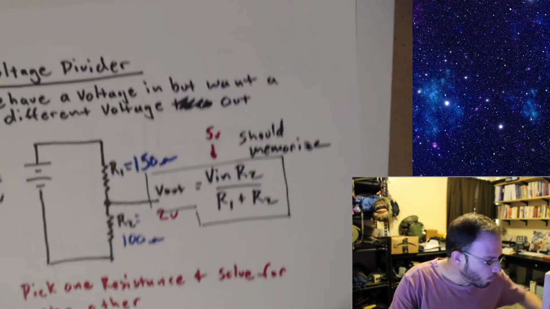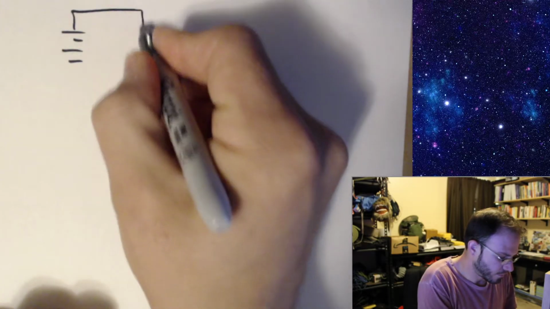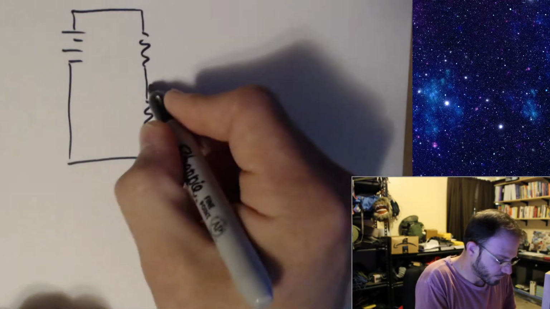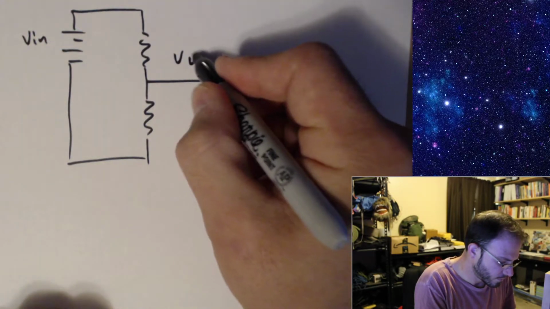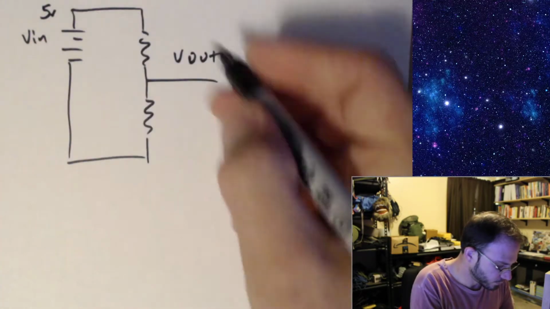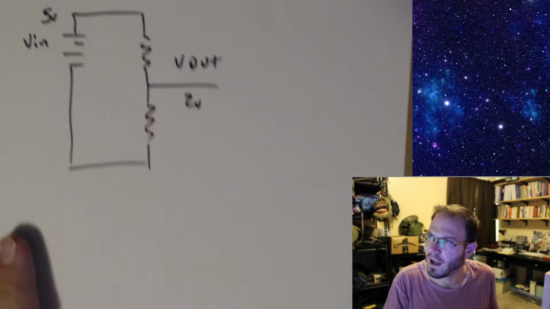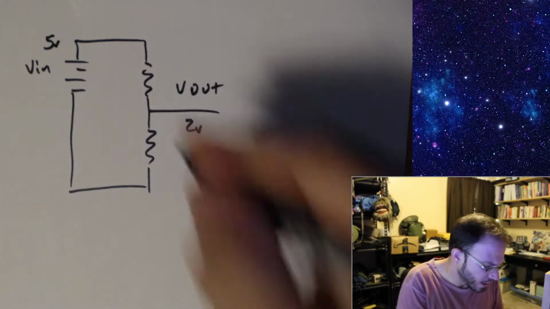If I were to attach something to this voltage divider, let's just say I had 5 volts and I had 2 volts, just like the example we solved previously.